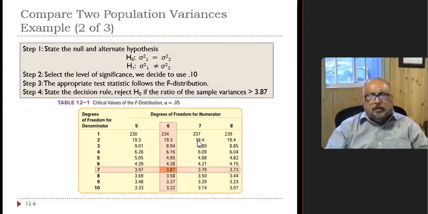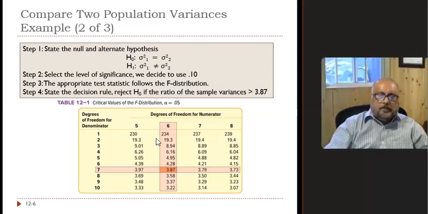Since we use 2 degrees of freedom here, one is for numerator, other is for denominator. As you can see, this table allows us to pick each one of them. Also I mentioned that the degrees of freedom, DF, can be found by subtracting 1 from sample size.